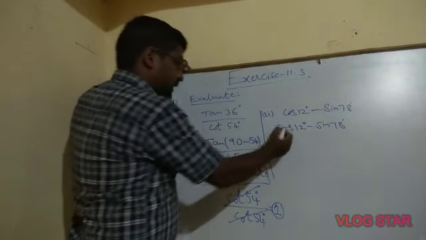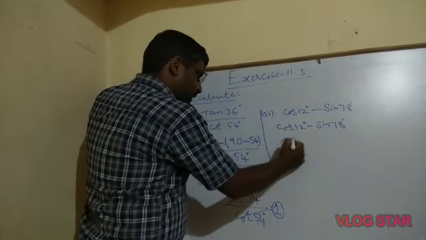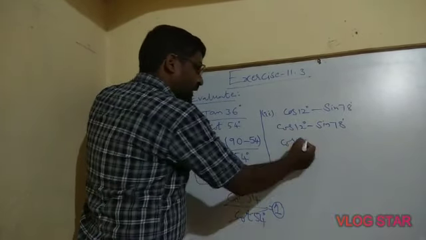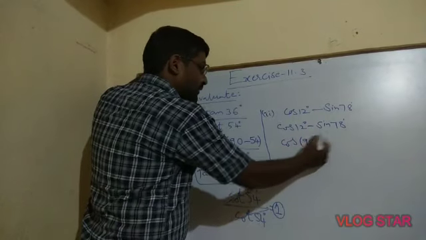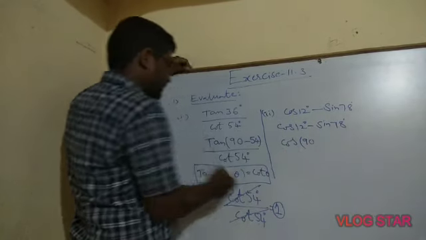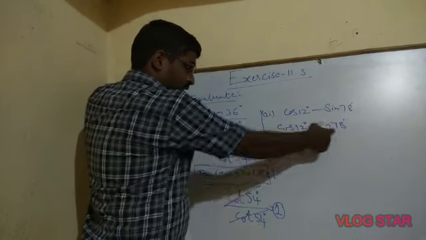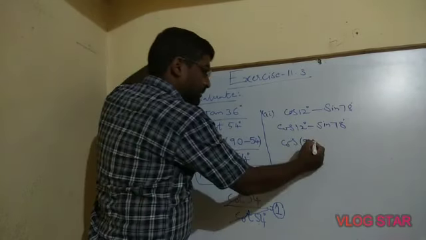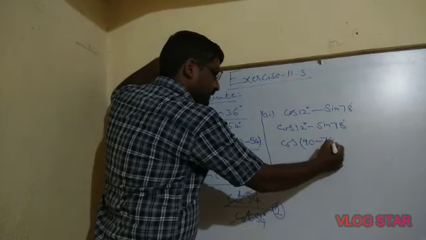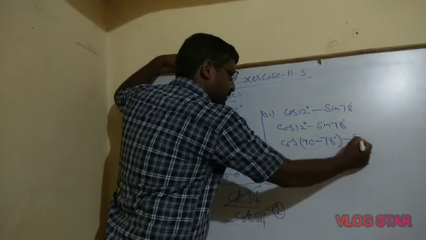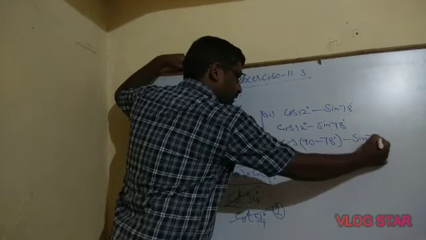So we can change 12 degrees. 12 can be written as 90 minus 78. So we get cos of 90 minus 78 minus sin 78 degrees.